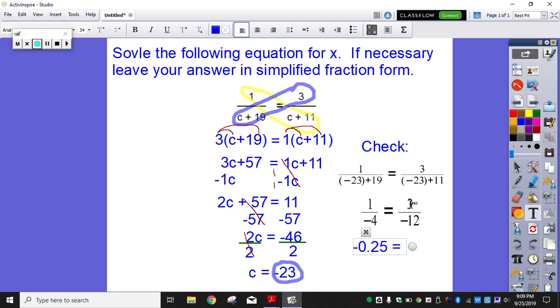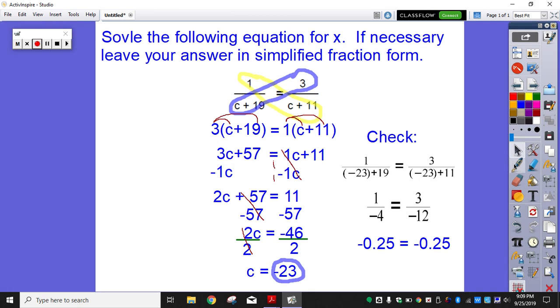And then if you do 3 divided by negative 12, you also get negative 0.25. And so because I get a true statement, the left side does in fact equal the right side. This solution checks out, and I can put it as my final answer. So that's how you solve equations with proportions.